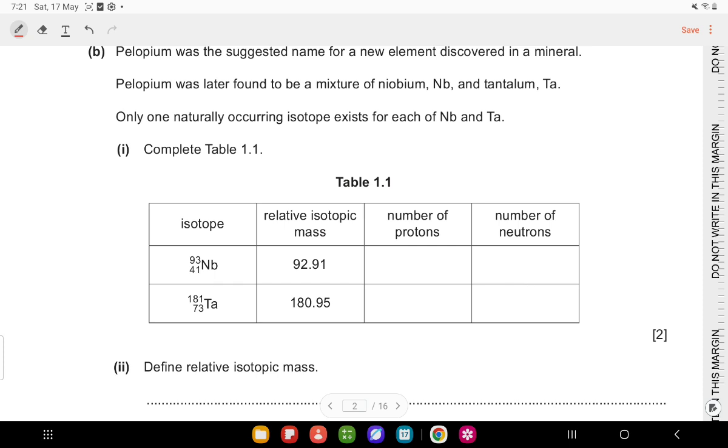Number of protons are 41 and 73. So 93 minus 41 is equal to 52, and 181 minus 73 is equal to 108.